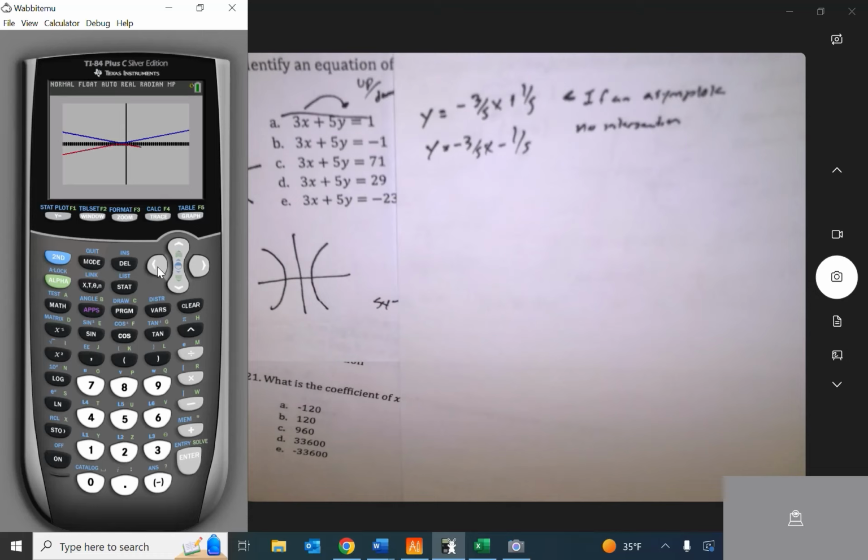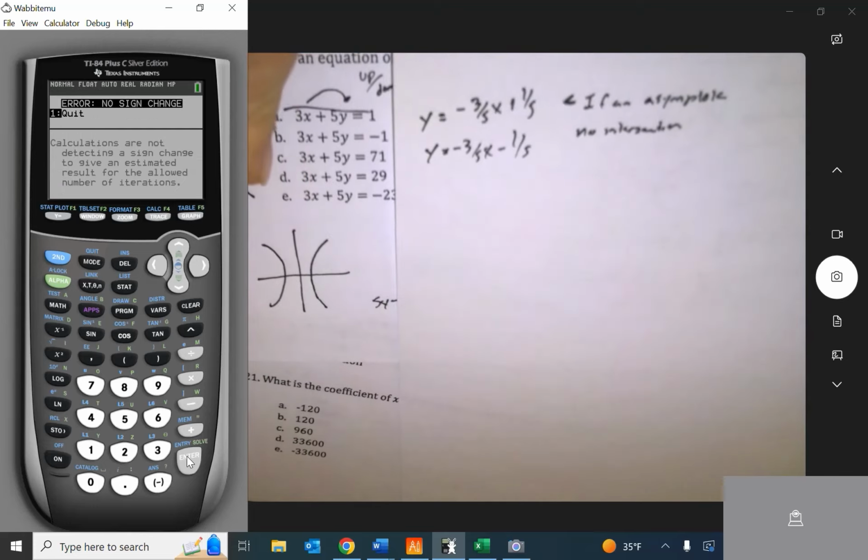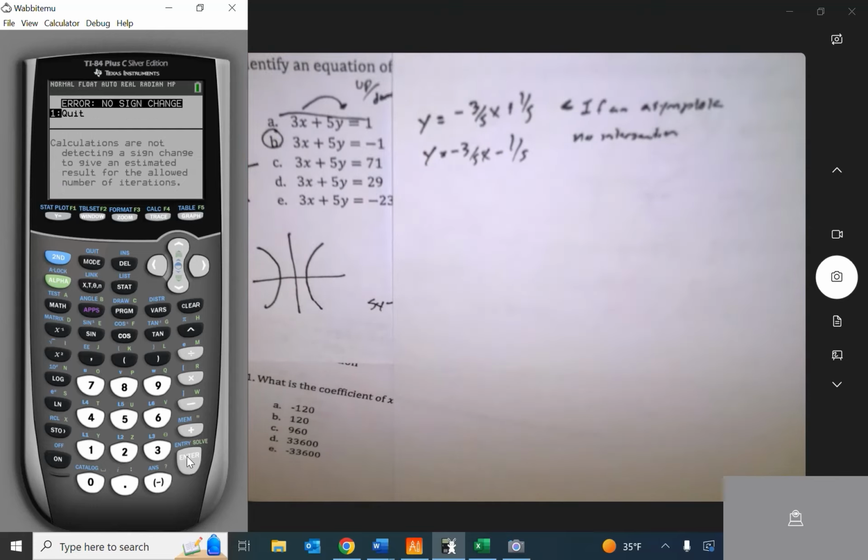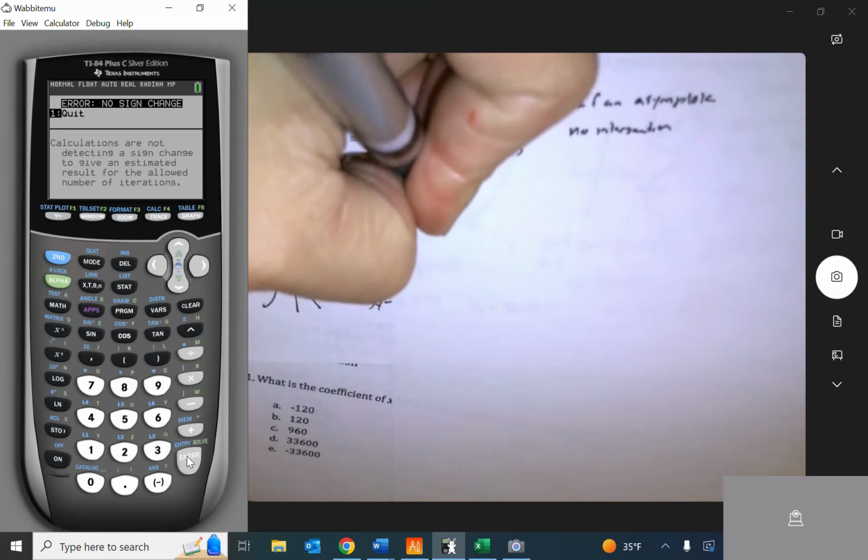I'm pretty sure B is an asymptote, but we'll find out. So again, intersection between blue and black. This is looking like it might be one. This one is probably going to fail.